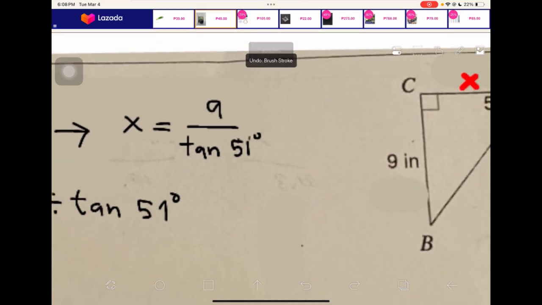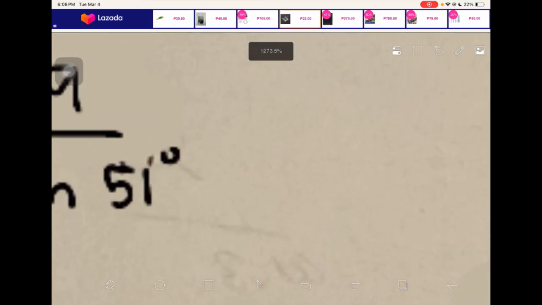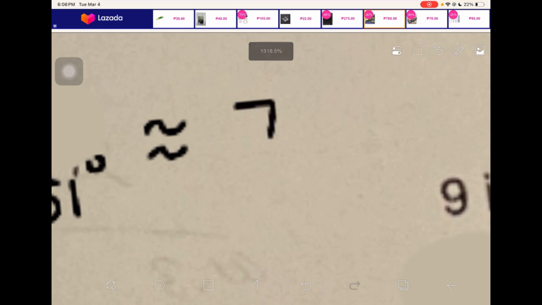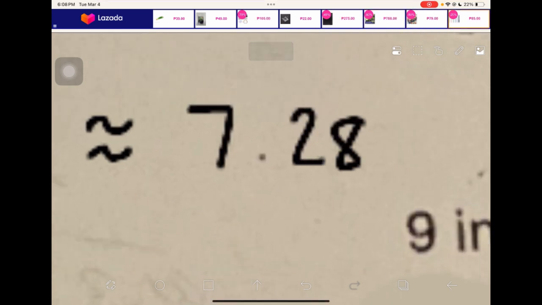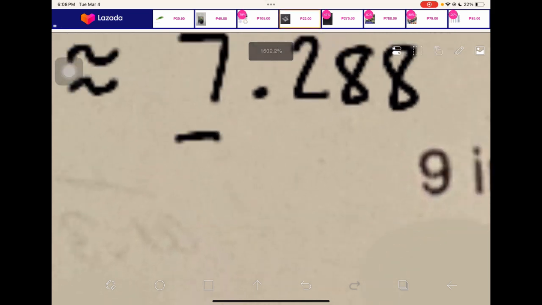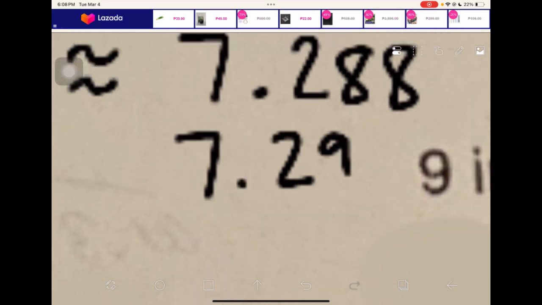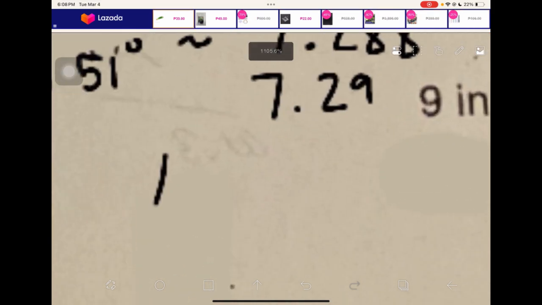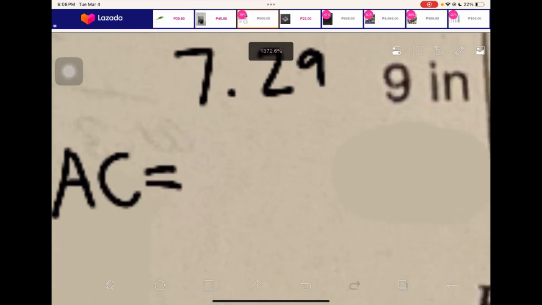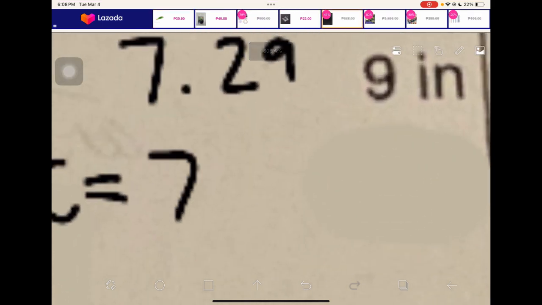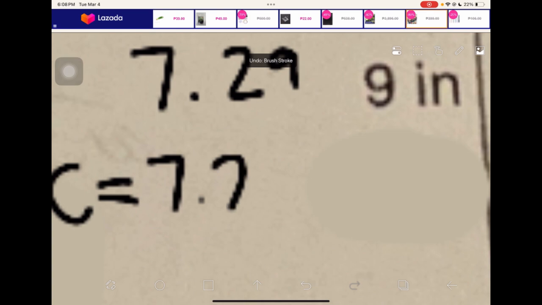You click the equal sign, and it's equal to about 7.288. But we usually round to the nearest second decimal place, so it's 7.29. So therefore, AC is equal to 7.29 inches.